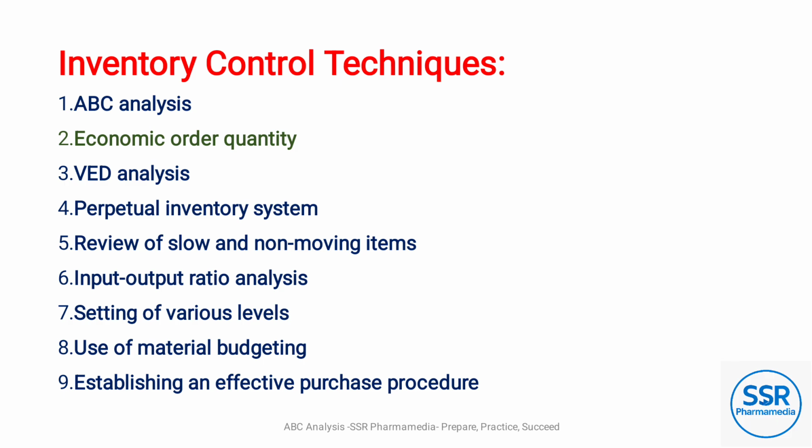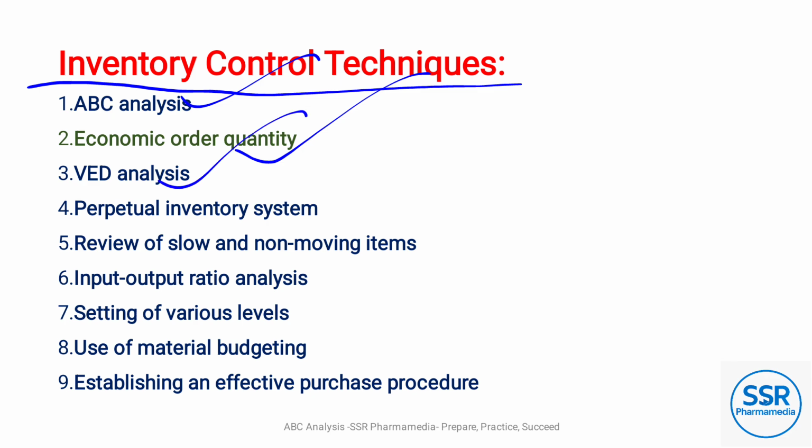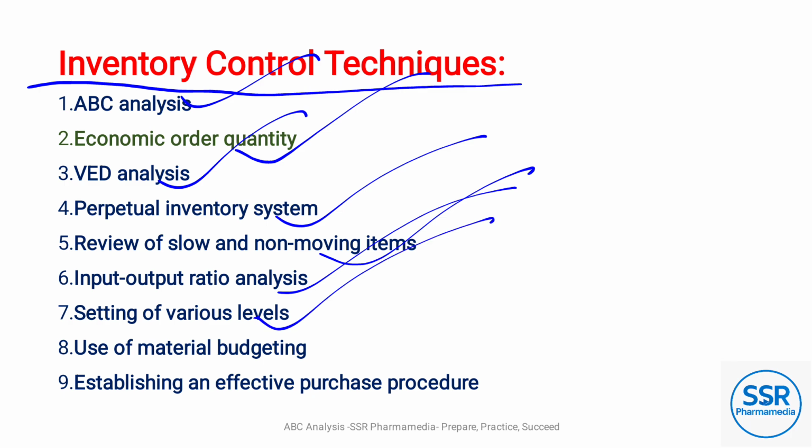So before going to see the MCQ, first we must know about the inventory control techniques. The first one ABC analysis, second one economic order quantity, third one VED analysis, fourth one perpetual inventory system, fifth one review of slow and non-moving items, sixth one input output ratio analysis, seventh one setting of various levels, eighth one use of material budgeting, and ninth one establishing an effective purchase procedure.